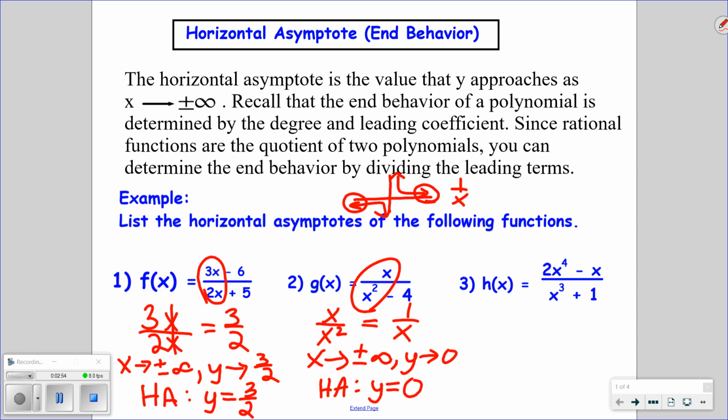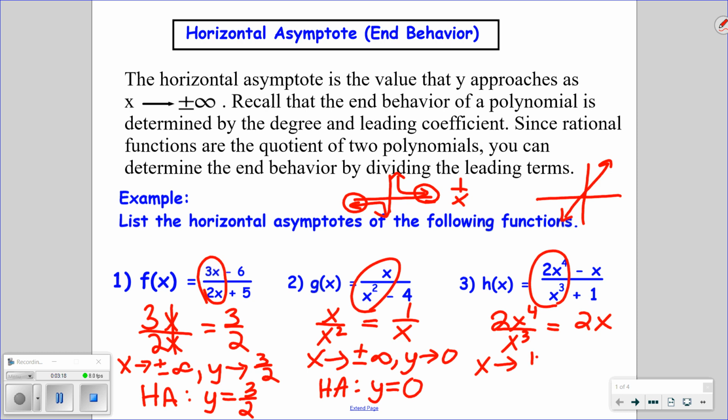Okay, let's look at the third example. So our leading terms, we would have 2x to the fourth divided by x cubed. Well, that would just simplify equal to 2x. Well, 2x is a linear function with slope of 2, so maybe it looks something like that. So as x approaches positive or negative infinity, in this case, left and right end, y is approaching positive or negative infinity.